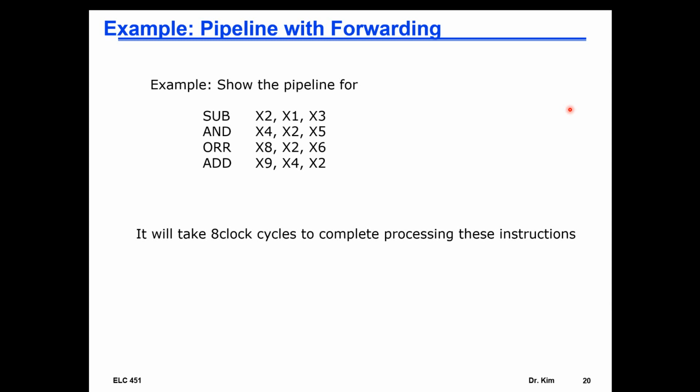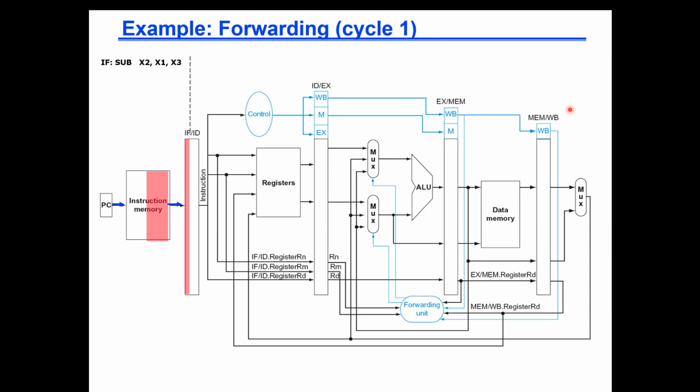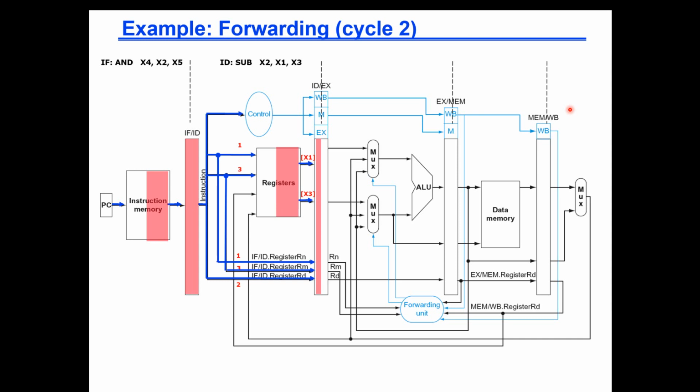So let's do an example for this code sequence. The first instruction is a subtraction of register 3 from register 1, with the result going into register 2. So here we are, we fetch the instruction here, this one here. Now it's in the instruction decode stage.